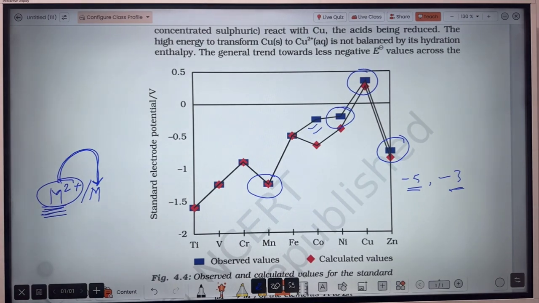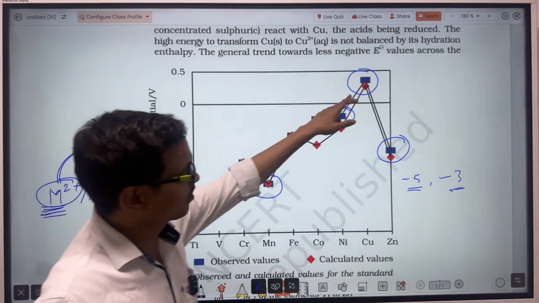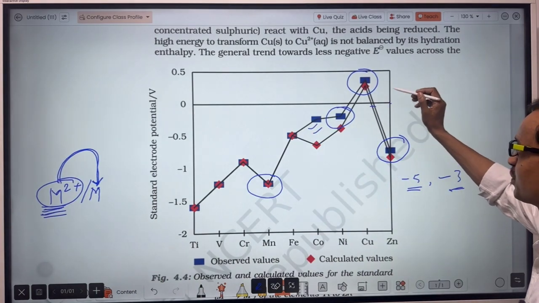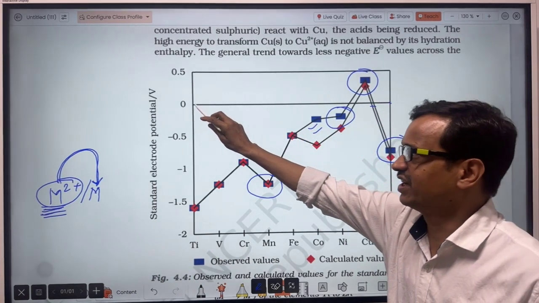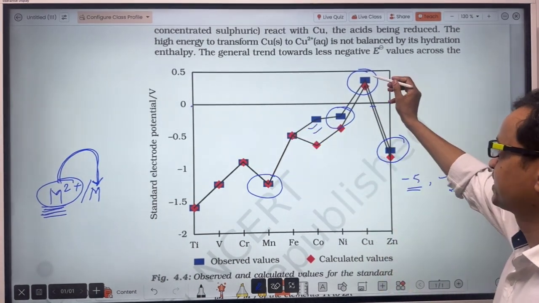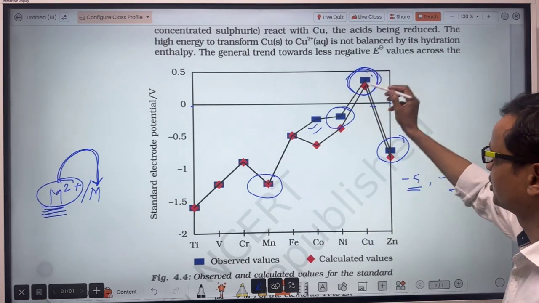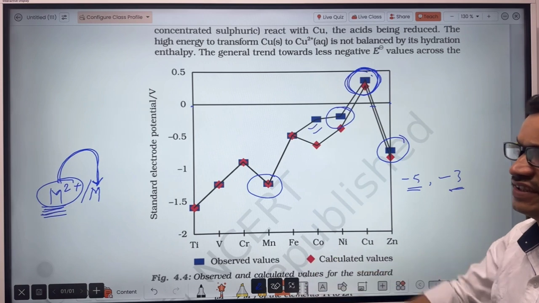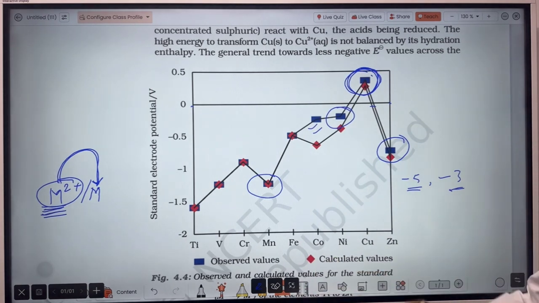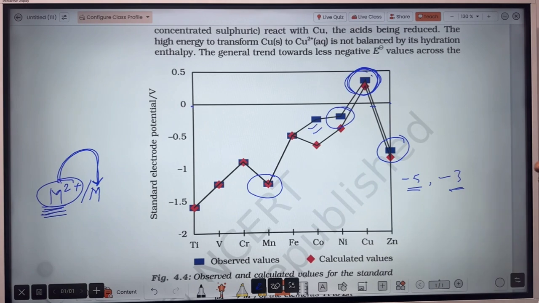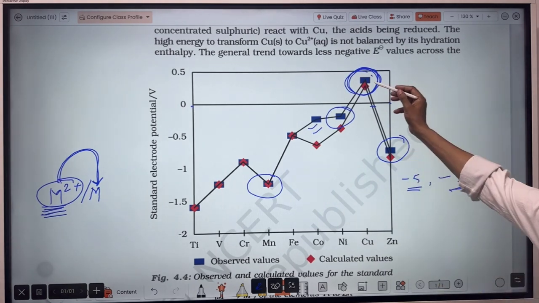Firstly, let's see about copper. For copper, the standard electrode potential is positive. Zero is here, and the standard electrode potential of Cu2+/Cu is this much, that means it is positive.